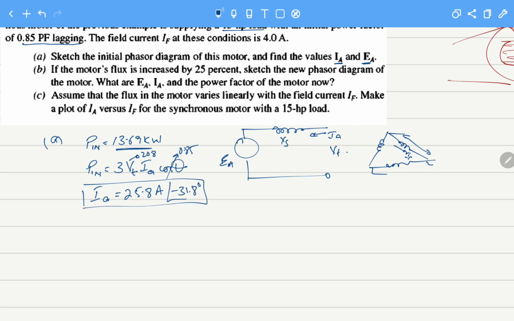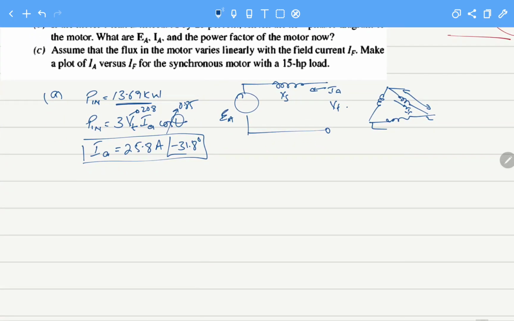This is the current IA. And when we have this current, can we calculate EA? Yes, by applying KVL. EA equals Vt minus IA j XS.